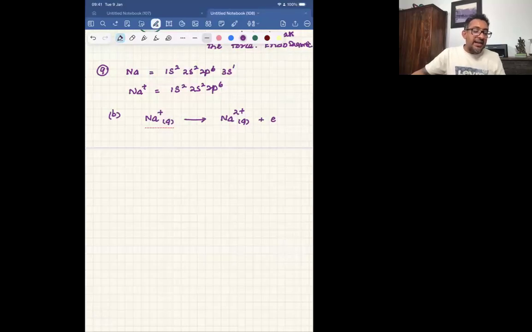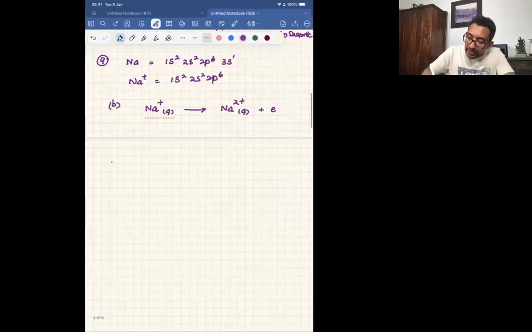Explain why the second ionization energy of sodium is greater than the second ionization energy of magnesium. If you look at sodium plus, the electronic configuration is 1s2, 2s2, 2p6. Magnesium plus is 1s2, 2s2, 2p6 and 3s1.